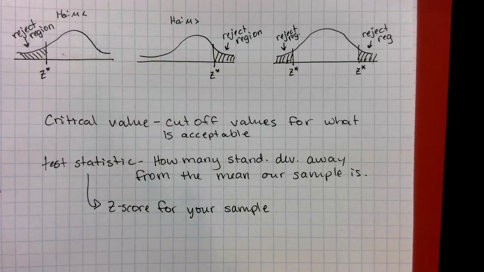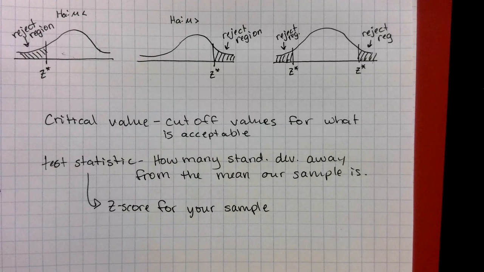But if our z-score is too big, if our sample is too far away from that original hypothesis, that raises some flags, and we start to think, maybe your original claim is not right after all, because it's really unusual that my sample would be so far away from your mean if that was really the mean.